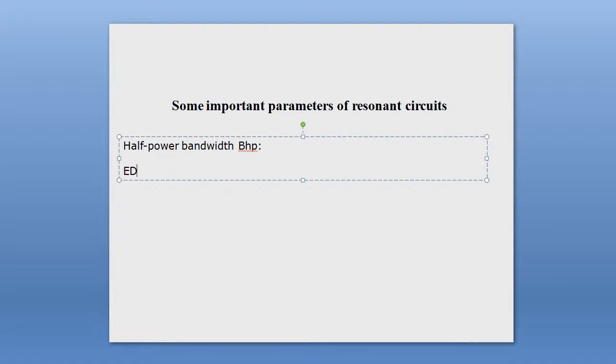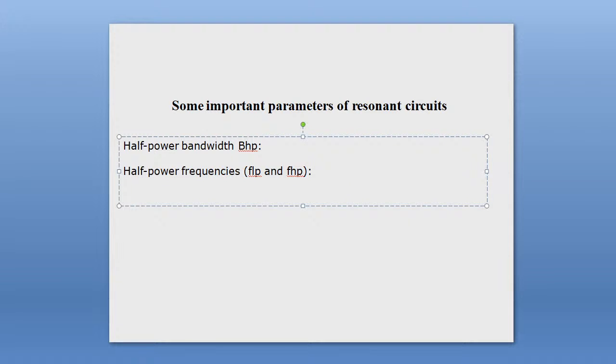You just write it: half power frequencies, which you denote as f low and f high, half power.